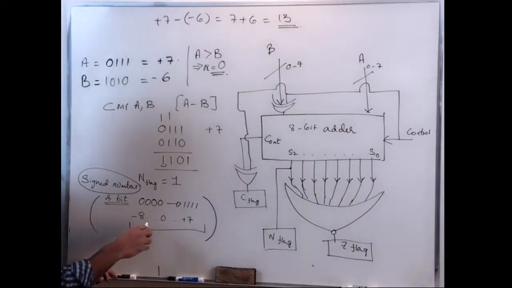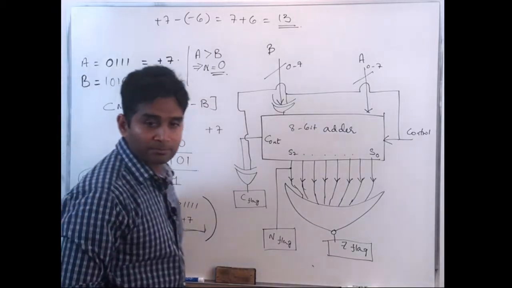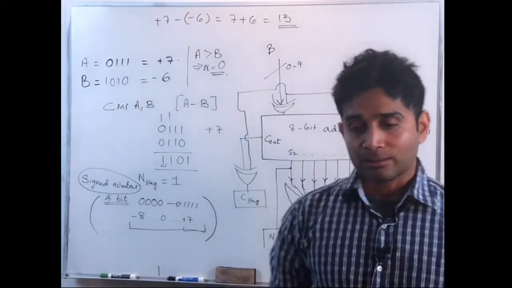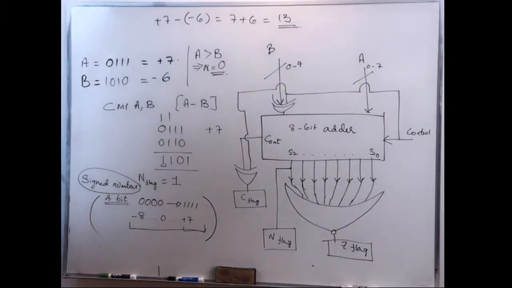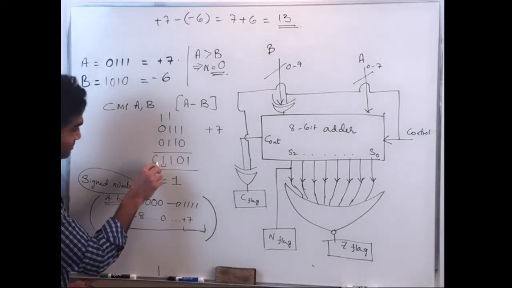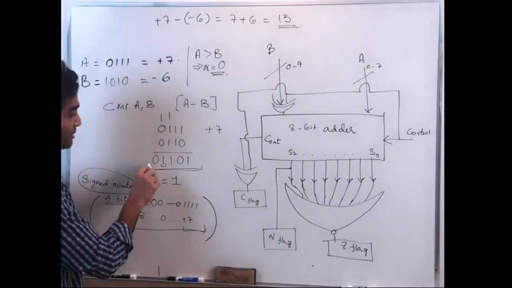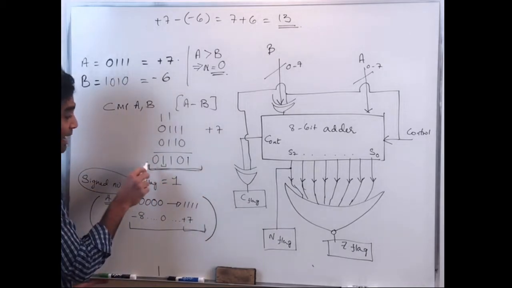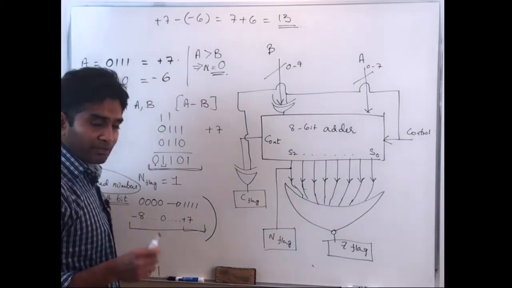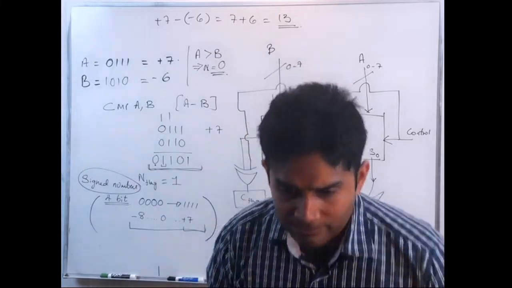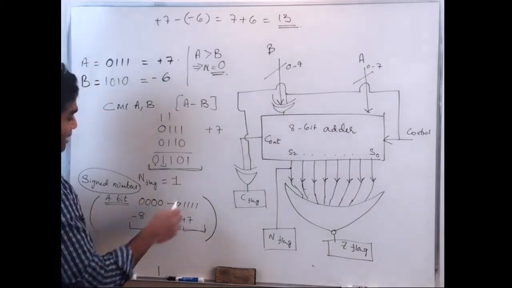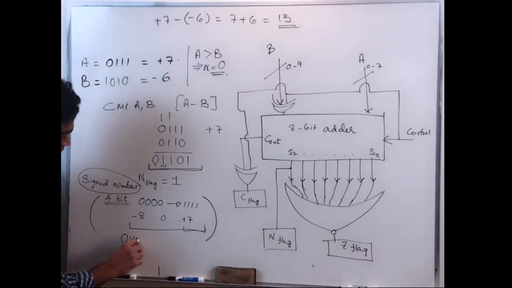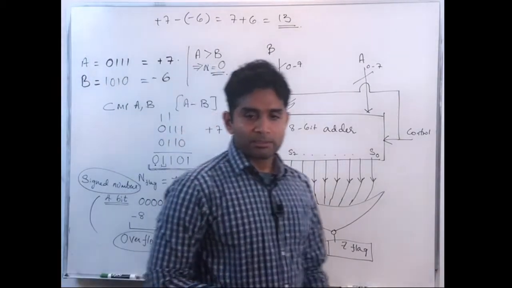It falls beyond the range of my positive values. So I cannot represent that accurately in 4 bits. If I want to represent the result accurately, then I need an additional bit. If I had 5 bits, this would have been the right answer. This would have been my most significant bit, and it would have given me the right sign. So what is happening here is I'm having an overflow.